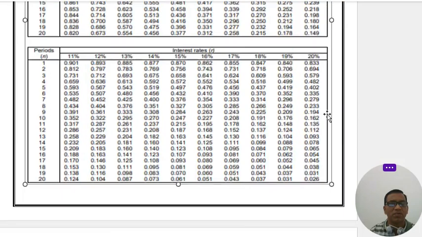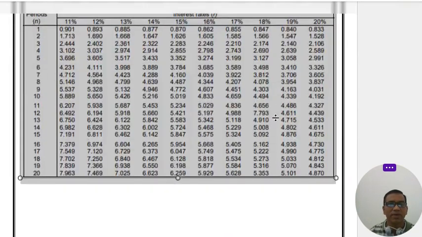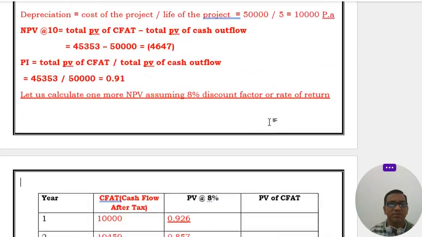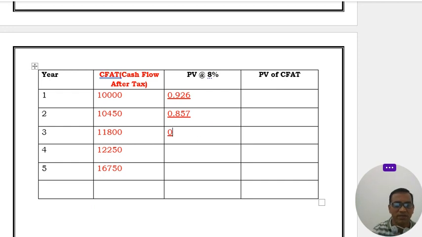These are the table values at 8%: 0.794 and 0.735.